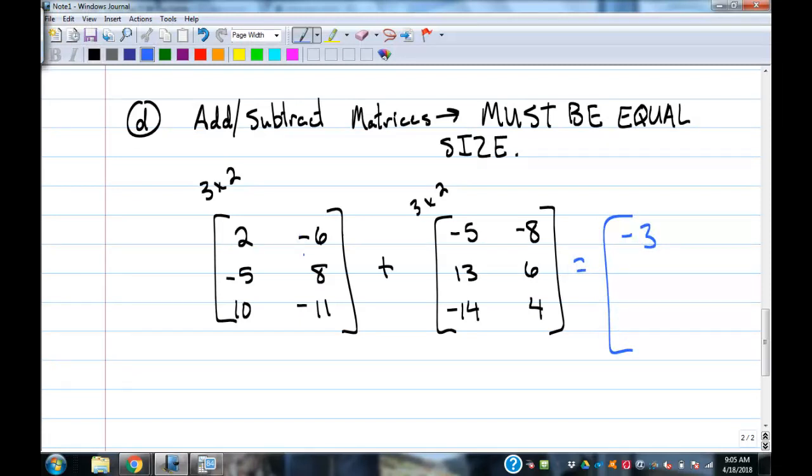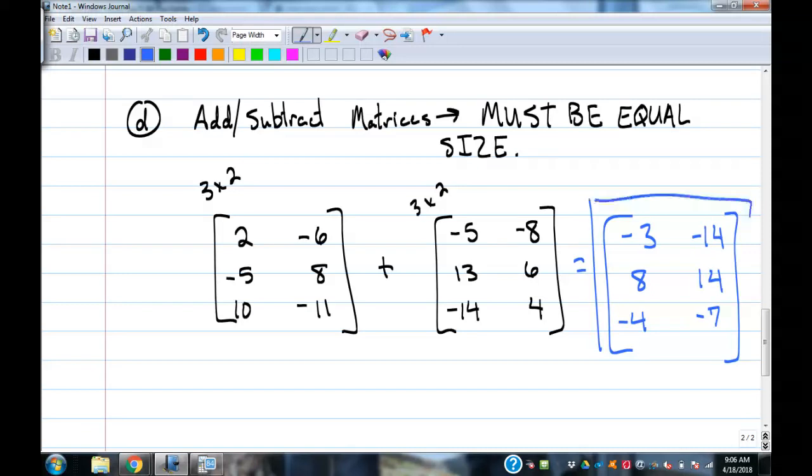And then -6 plus -8, -14. And then -5 plus 13, 8. 8 plus 6, 14. 10 plus -14 is -4. -11 plus 4, -7. And that's your sum of those two matrices.